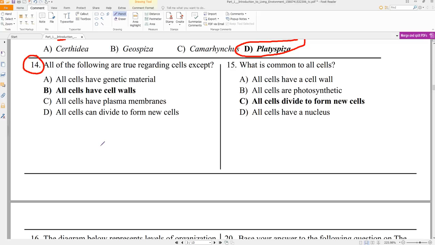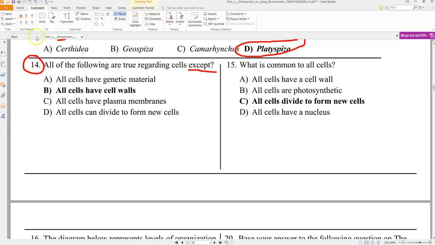All cells have DNA, genetic material, that can be passed on to the next generation. So they want you to find the one that's not true for every single cell.